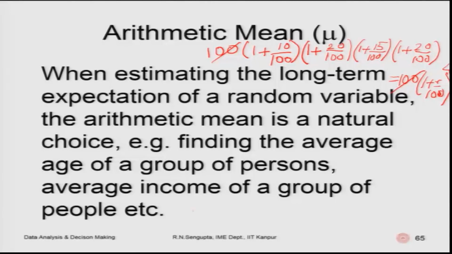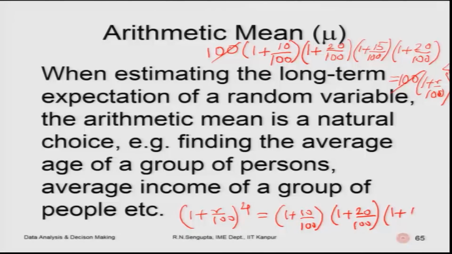You will have 1 plus r by 100 to the power 4 equated to 1 plus 10 by 100, times the second year, third year, fourth year terms. From this you can find the average interest rate using the concept of geometric mean. I will come to the harmonic mean later on also.